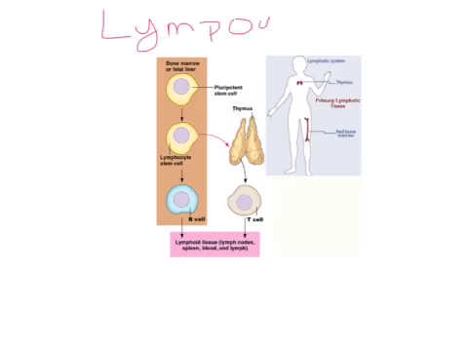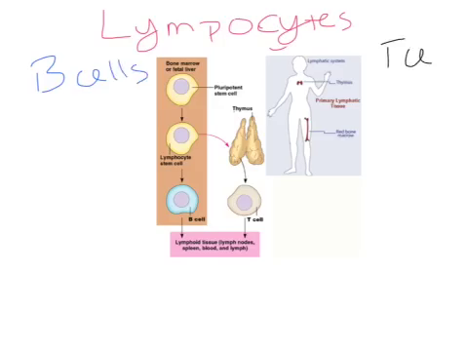Lymphocytes are going to be specialized cells. And like I said, we have two main types here. We've got B cells and we have T cells.